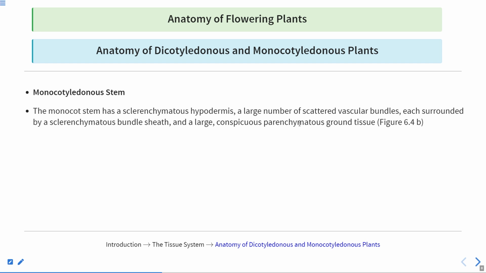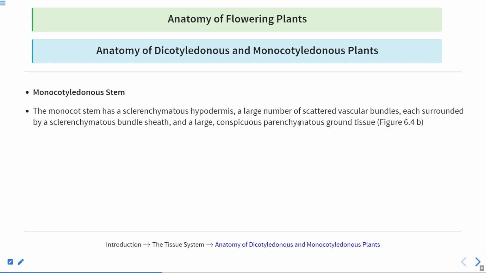No cortex region is present in monocotyledonous stems, whereas a demarcated, conspicuous cortex region is found in the dicot stem. The arrangement of vascular bundles is also very different. In dicots, all the vascular bundles are arranged in a ring-like structure.